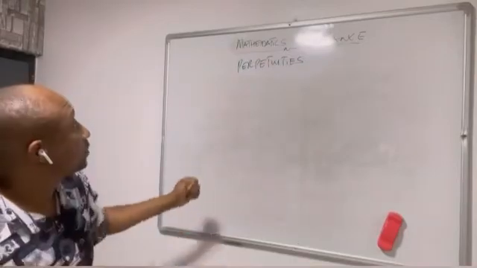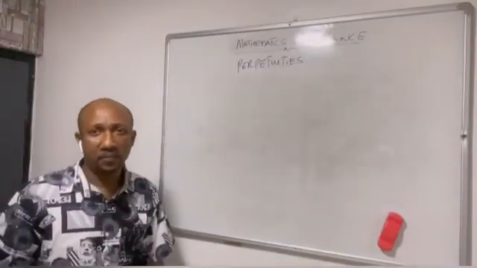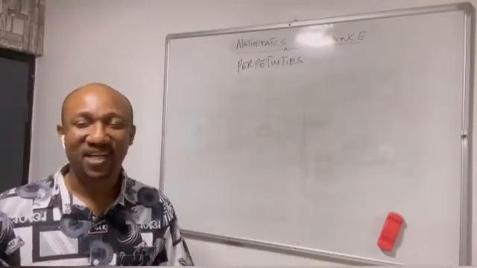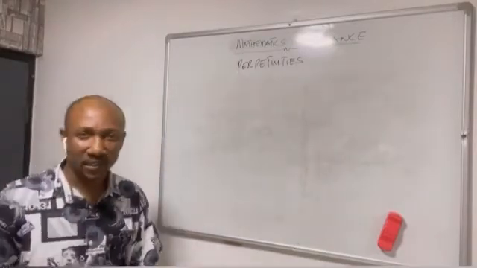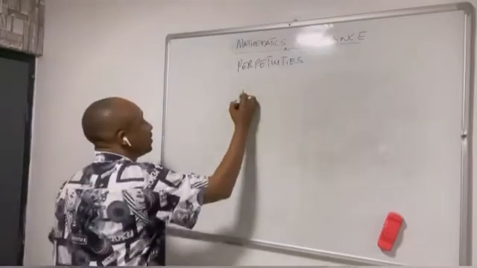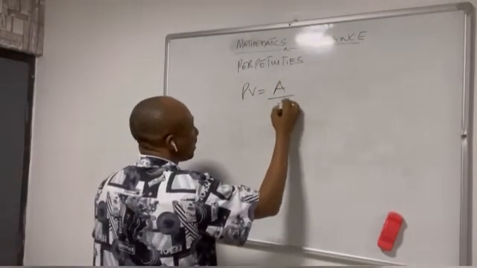Another concept under the mathematics of finance is called perpetuities. Perpetuities are annuities, or cash payments, that continue forever. They have no end. What we can calculate under perpetuities is the present value, and it's calculated as the amount divided by the interest rate.